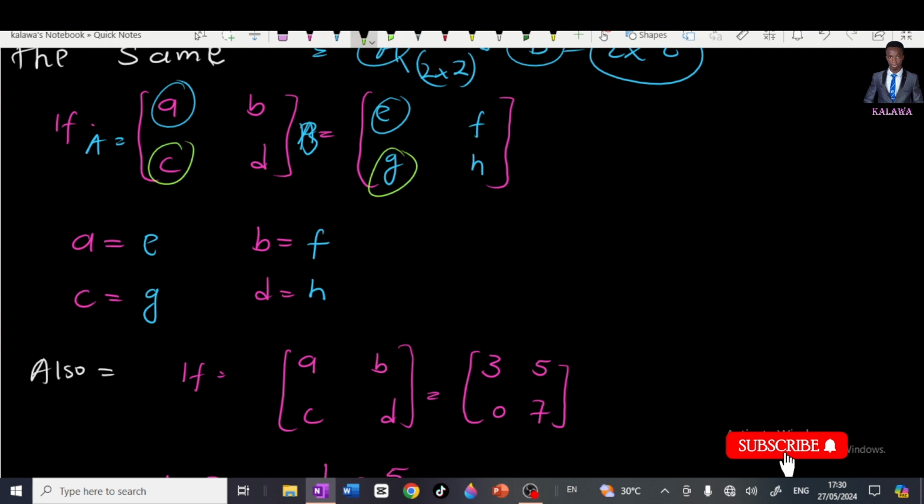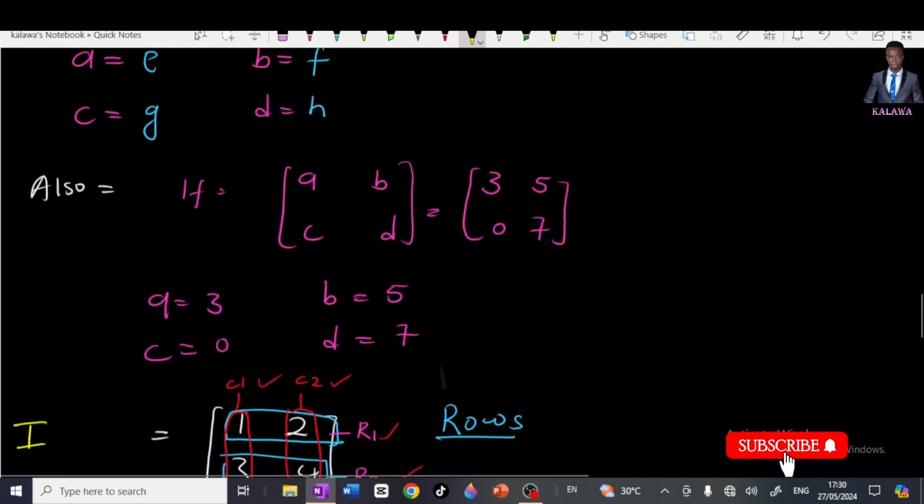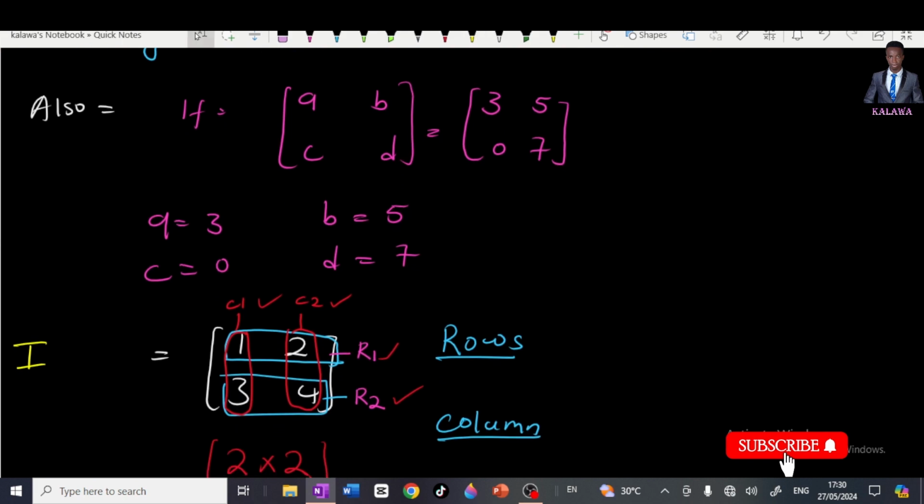That's what they are saying an equal matrix is. So now we understand what an equal matrix is. We understand the rows. This is actually the introductory part of matrices, and knowing this introduction is going to help you a lot.